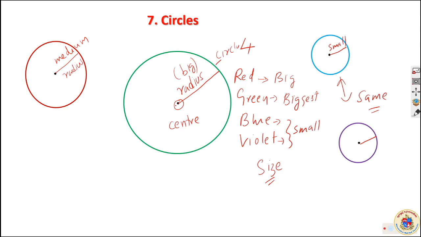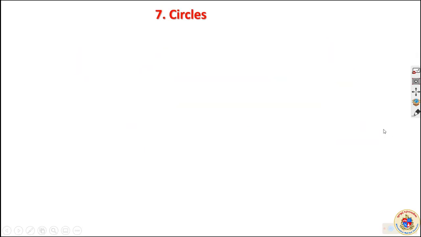Understood? It is the radius that makes these red, green, blue circles different from each other. If I had drawn all in black color, then you will say clearly that they are big, small because of their radii. Correct? From this we will start this video, the fundamental of understanding a circle.